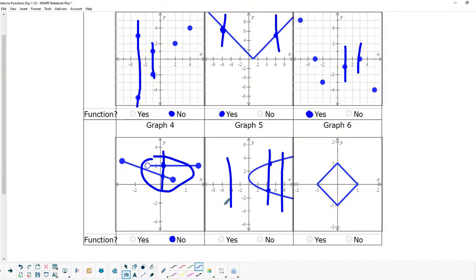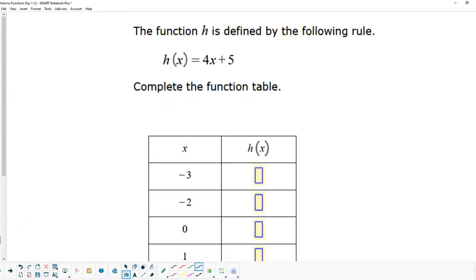Over here, a vertical line wouldn't hit at all, but all it has to do is fail the test in any one spot and it would be considered not to be a function. And this last one, of course, any vertical line through here would hit that baseball diamond shaped figure twice. So this would not be a function. So the vertical line test is actually a pretty good way to tell if something is a function.